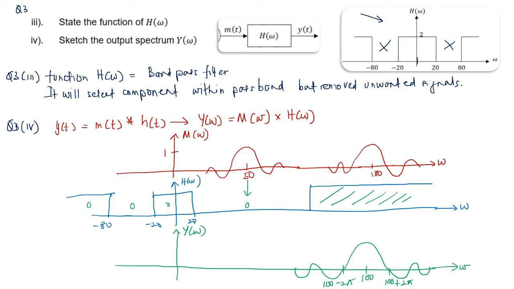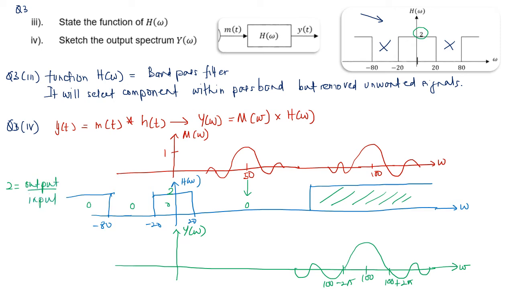How about the magnitude? If you refer to the filter, the magnitude is 2. So here is 2. What does the 2 basically represent? The magnitude 2 is equal to the output amplitude divided by the input amplitude.